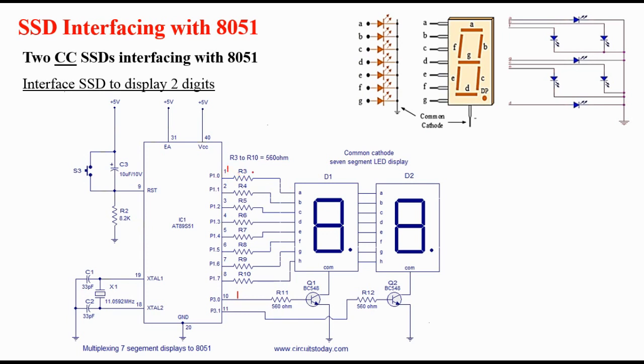The current will flow through this LED, that is the A terminal, and through this transistor, and it is grounded. In this way the circuit is completed, and this particular segment will get displayed. So in this way we can glow different LEDs, and we can get the patterns of 0, 1, 2, 3 up to 9 on the display, and the logic will remain the same. The 7 segment display on which you want to display the digit, that display should remain on.